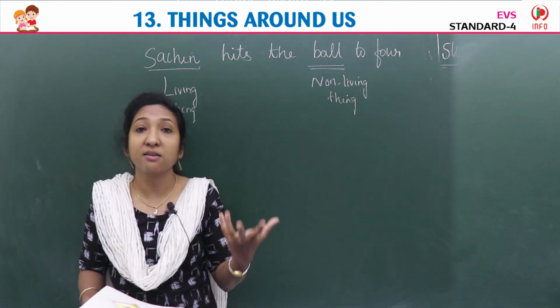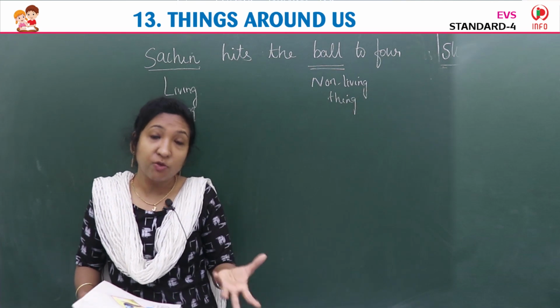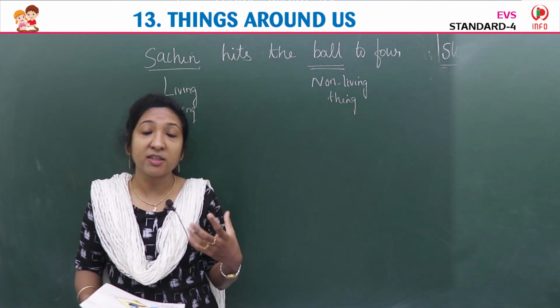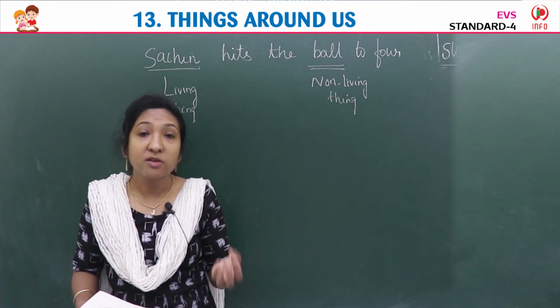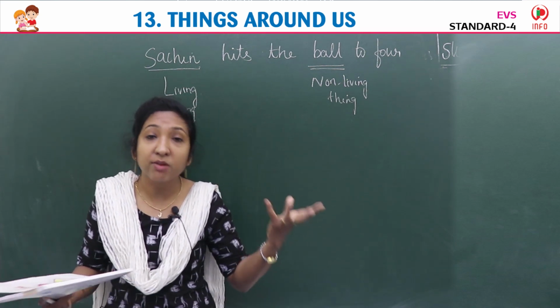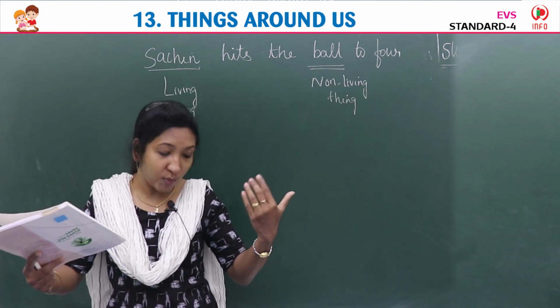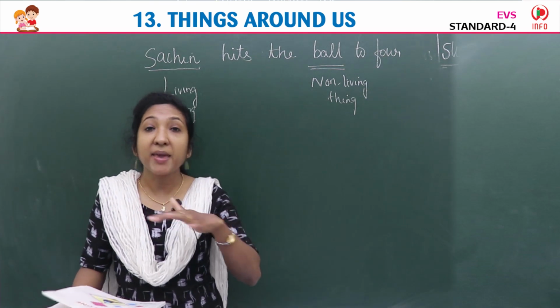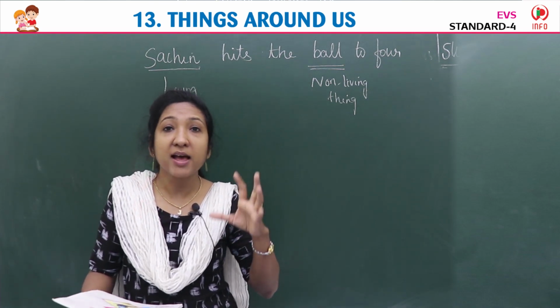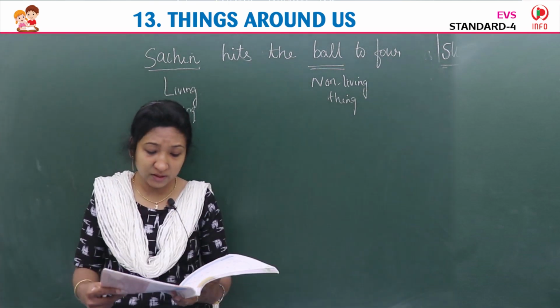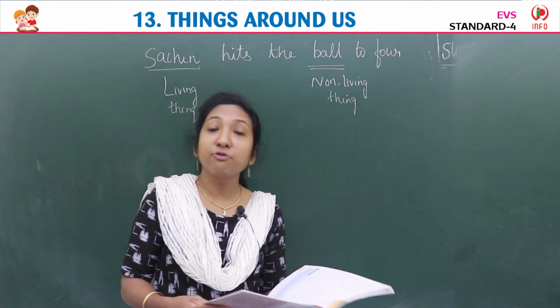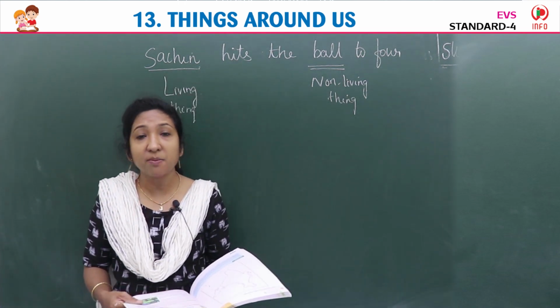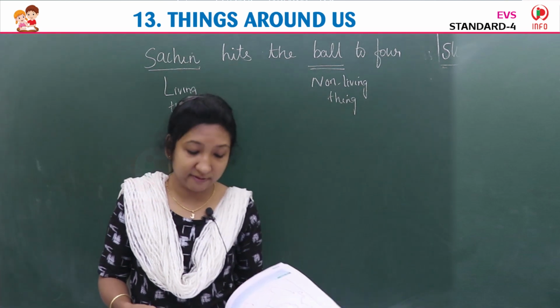Then only we can live on the earth, isn't it? Without food and water, how can we live? Then we need shelter, means we need a house to live, we need to wear clothes. These are the basic needs of a living thing: air, water, food and shelter.